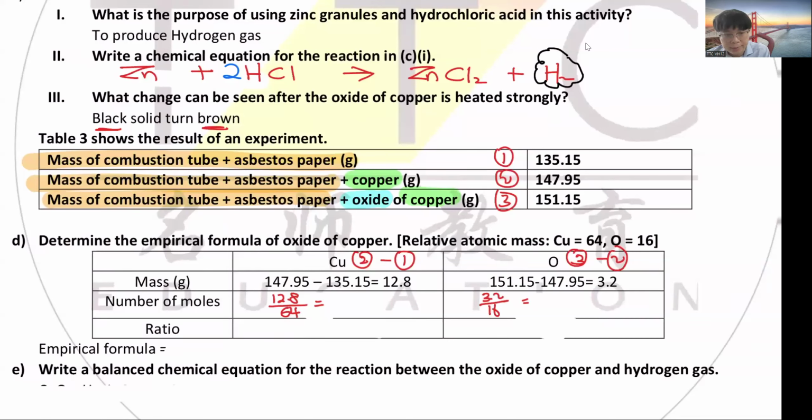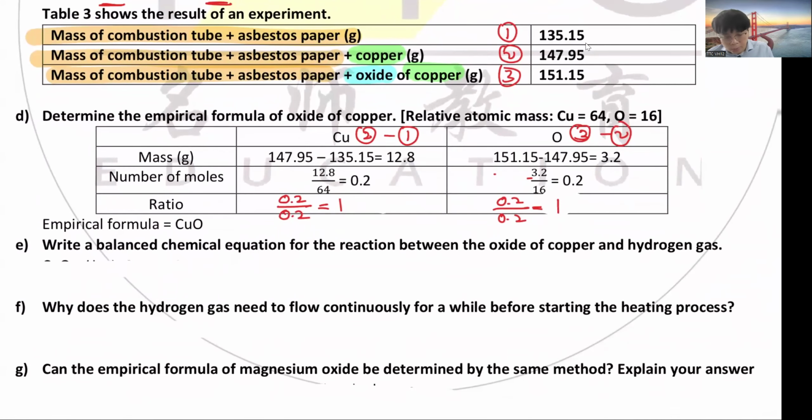Once you divide it, you'll get the ratio is similar. Then you need to write this step of 0.2 divided by 0.2 equals to 1. So you get the ratio is 1 to 1.